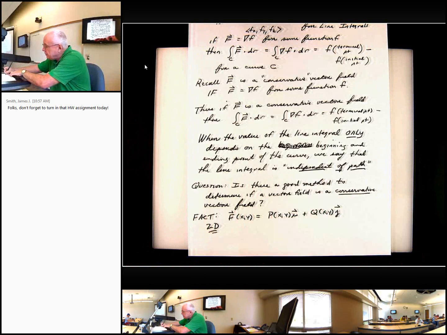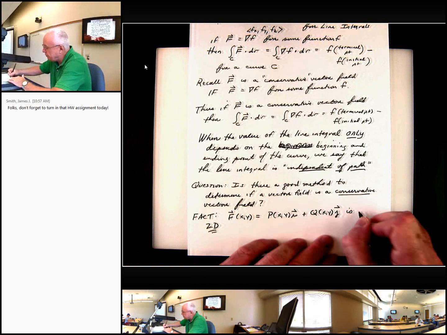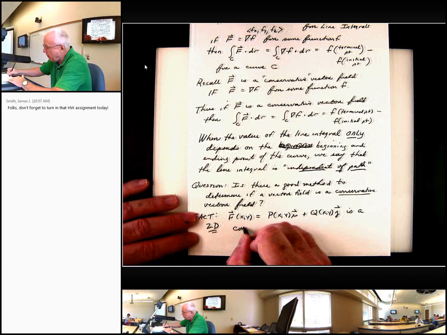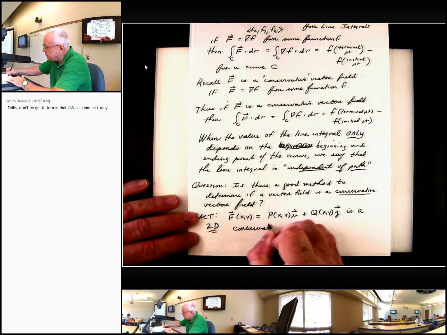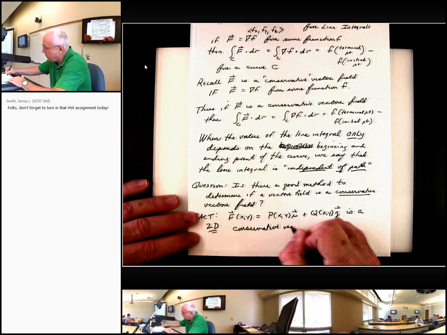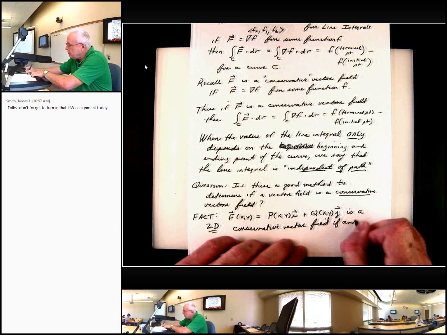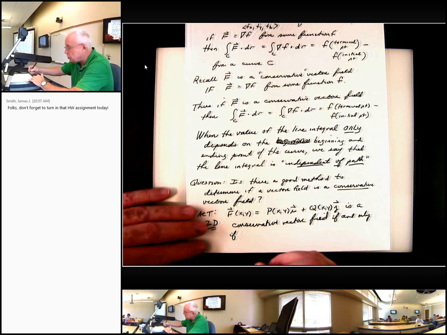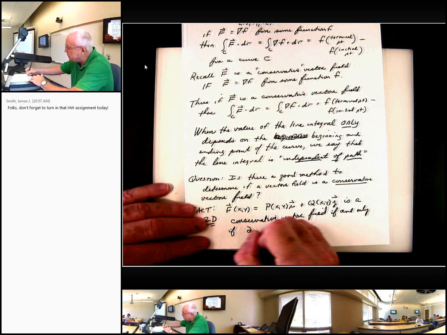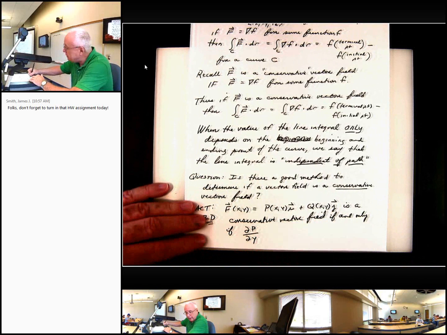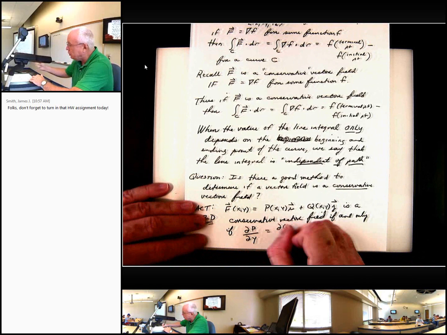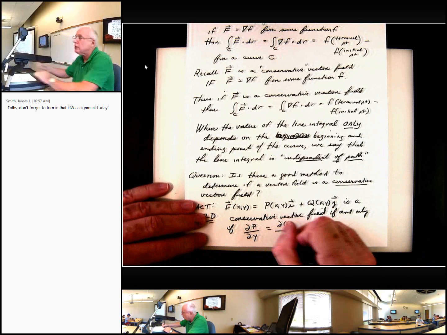This vector field is a conservative vector field if and only if we have this relationship: the partial derivative of the P function with respect to y is equal to the partial derivative of the Q function with respect to x.